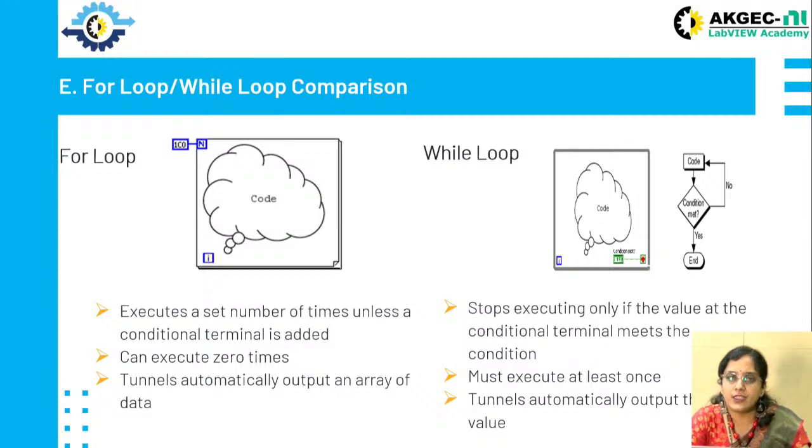In a while loop the code will be executed at least once, while in a for loop, if the condition is not met, the code will not be executed. And in a while loop, the tunnel will only give us the last value at the output. So depending on the application, we will choose whether to go for the for loop structure or the while loop structure.